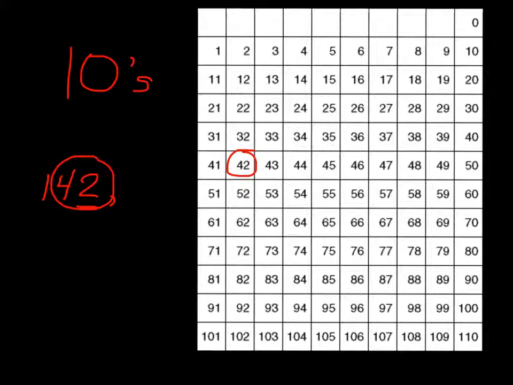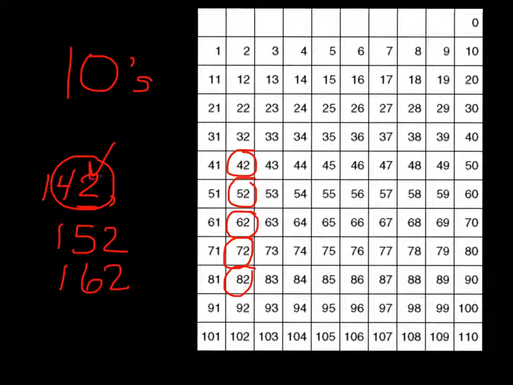But since we've already identified that when we skip count by tens, the ones place digit will constantly be the same, and we know this shortcut of just moving down one row to skip ahead by 10, then we should make sure that when we're writing our new numbers, 52, 62, but aha, don't forget that 100, we should notice then that all of our ones place digits are the same. In this case, they're all twos, all the way down.